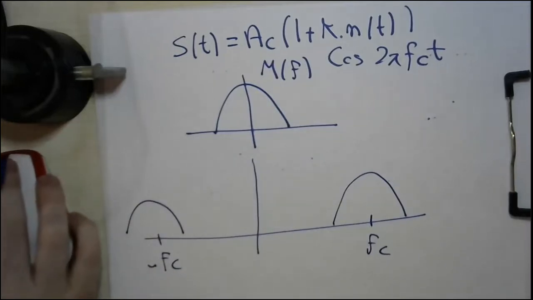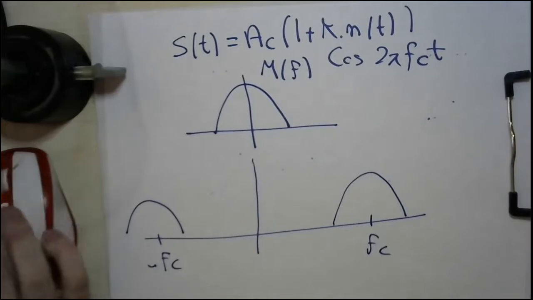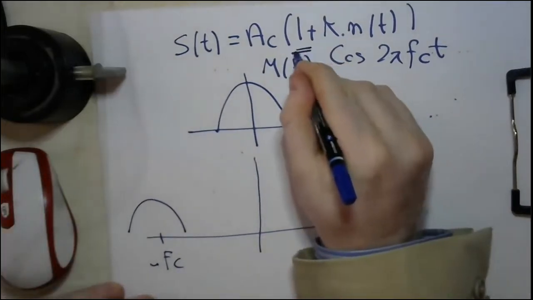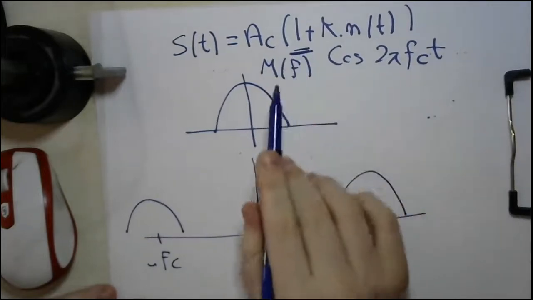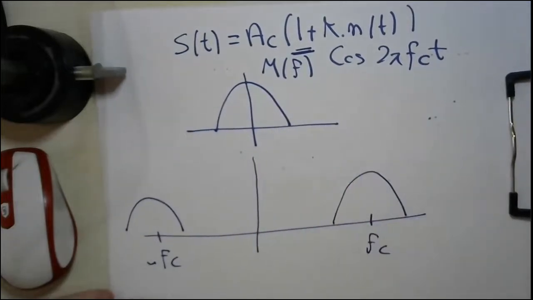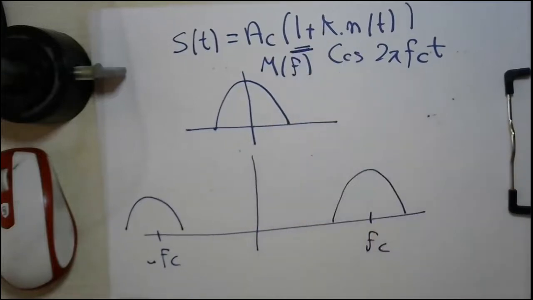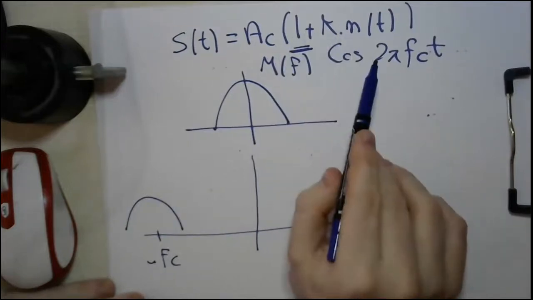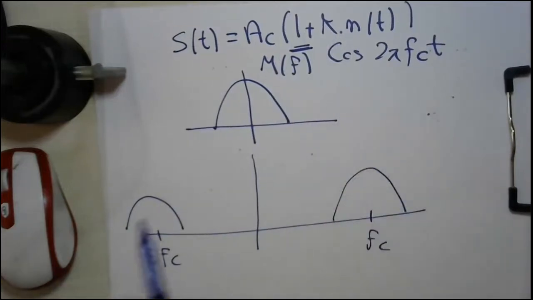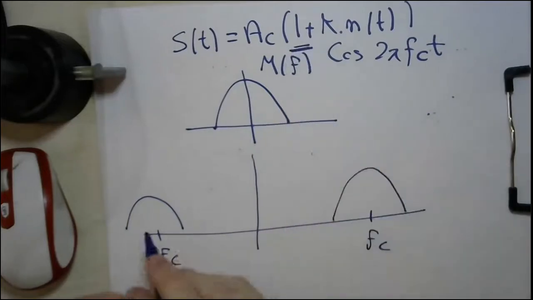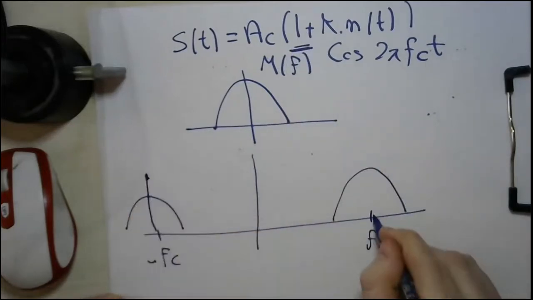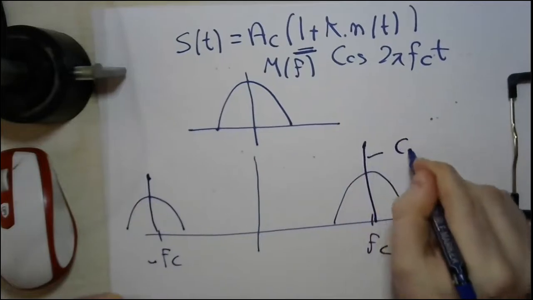But what about this one? If you just multiply this one with what's outside the bracket, you will know that this is a carrier. So now you are sending two different things: the message multiplied by the carrier, and you are sending the carrier alone in this one. So you will have something like that. This is a carrier.